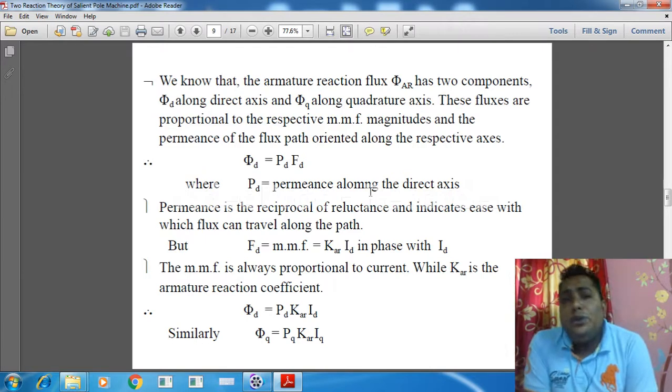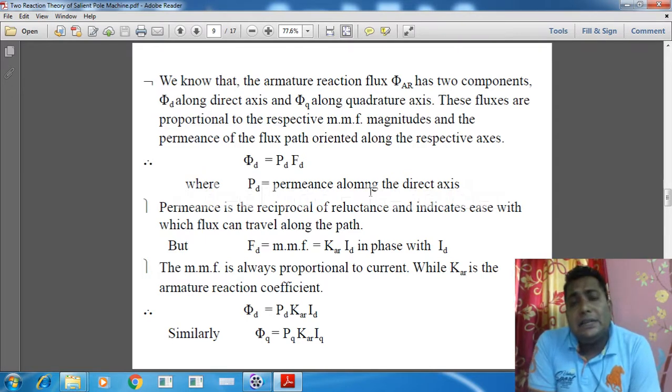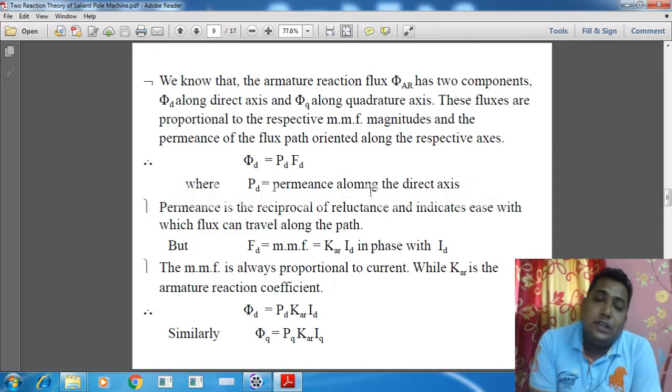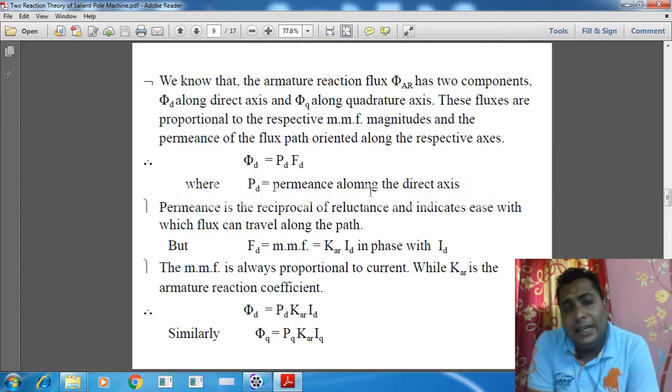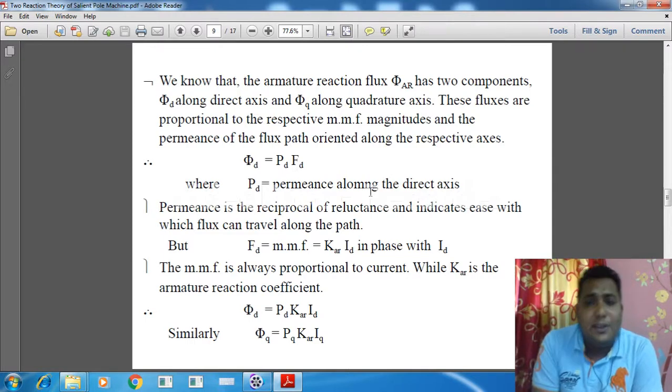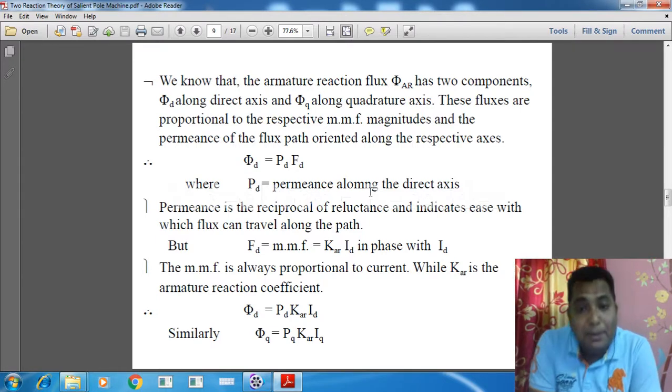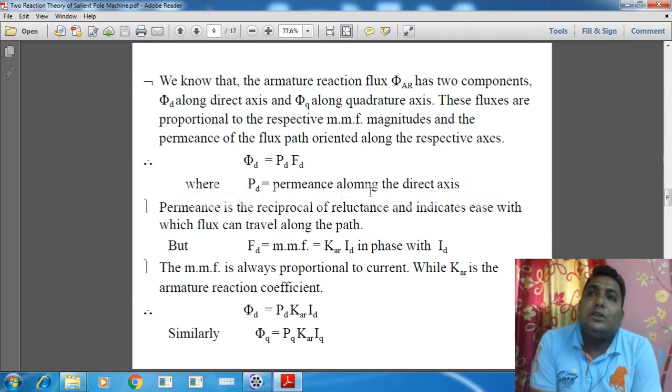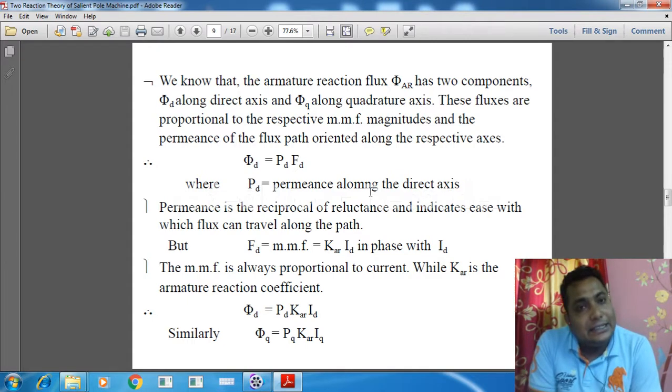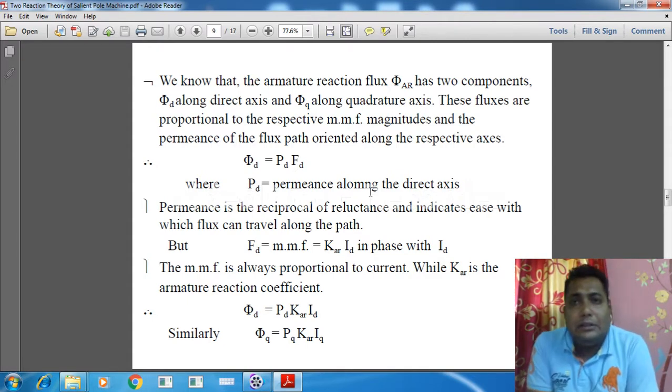So now we know that the armature reaction flux phi AR has two components, along the direct axis there is phi D, along the quadrature axis there is phi Q. These fluxes are proportional to the respective MMF magnitudes and the permeance of the flux path oriented along the respective axis. So now we can write down the flux equation.